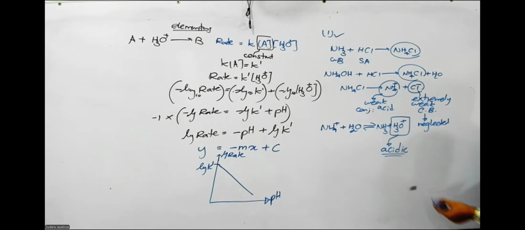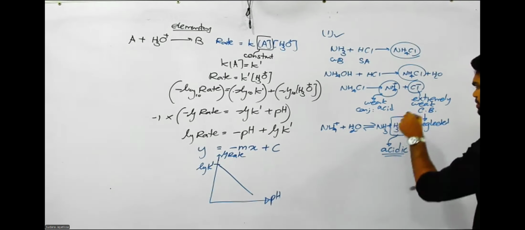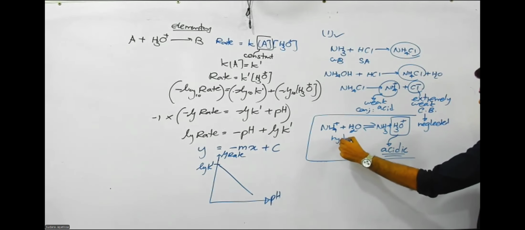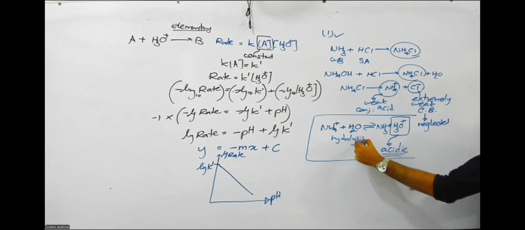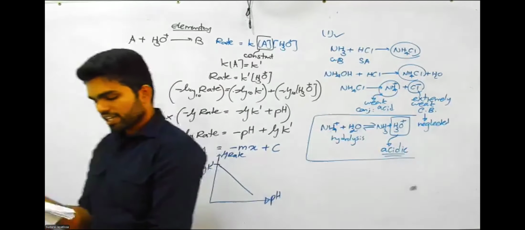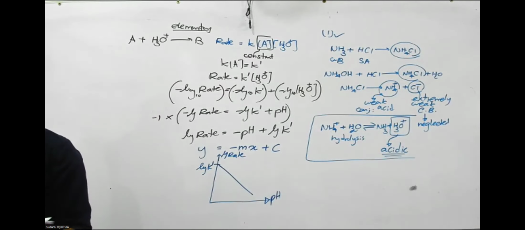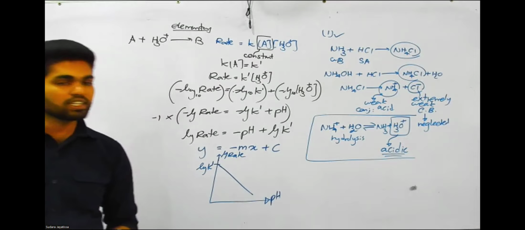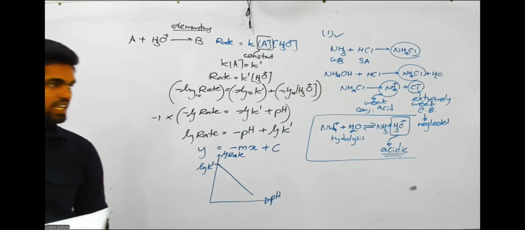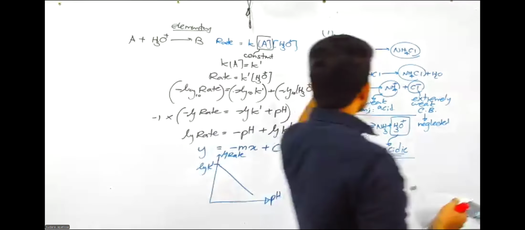So the first statement is correct. For the explanation, you need this hydrolysis part. And look at the second statement. It tells ammonium can react with water, forming H3O plus. So that is a perfect explanation also. So you can take answer one.